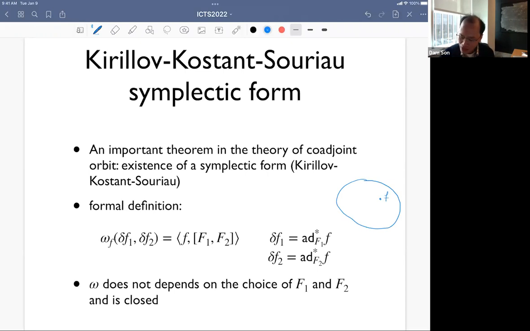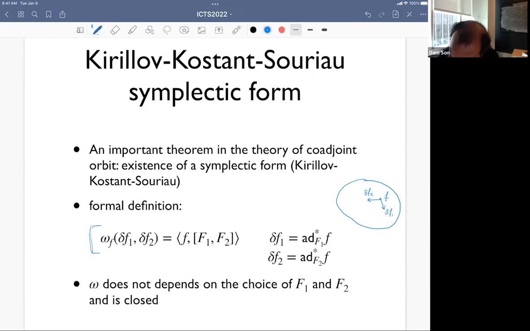Okay, so this two-form would be something that puts two different tangent vectors, delta F1 and delta F2, into a number. So this omega, this number, is defined through these equations here.